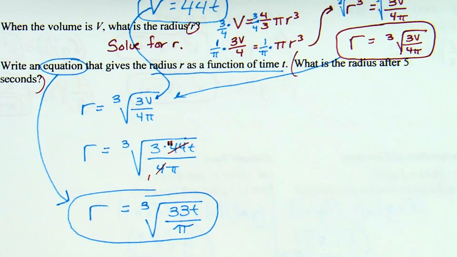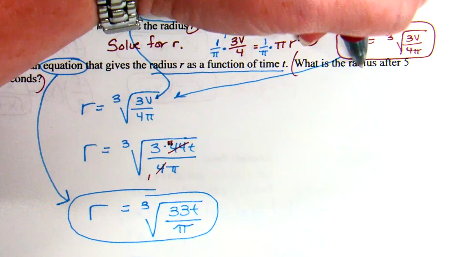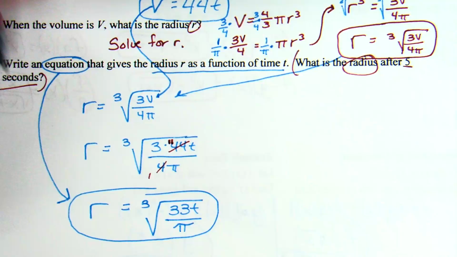What's the second part of the question ask? What is the radius after 5 seconds? What do you think we do? Yeah, plug 5 in for t in the equation we just found.